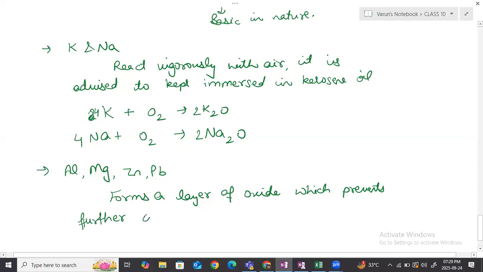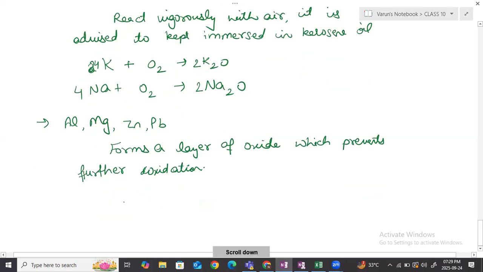The layer that has been formed prevents further oxidation basically. We have an advantage that if we want to prevent any metal from rusting or corrosion, then we can make a layer of that oxide over that element.